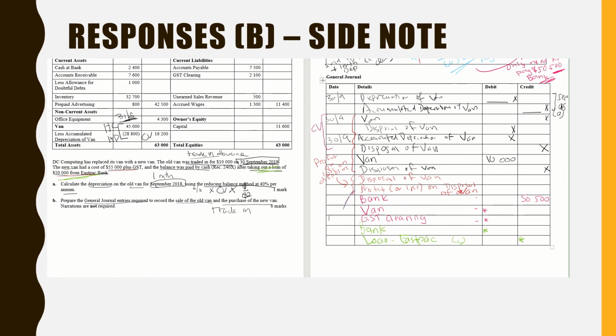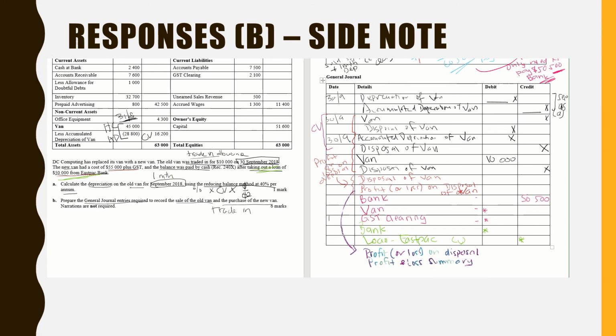Now, I'm just going to do this for now, and I'm going to explain to you the rationale for using the space below here. Okay, so let's just think about the profit or loss on disposal, and we're going to close it to the profit and loss summary account.